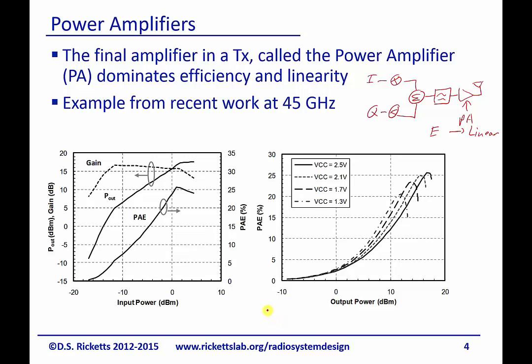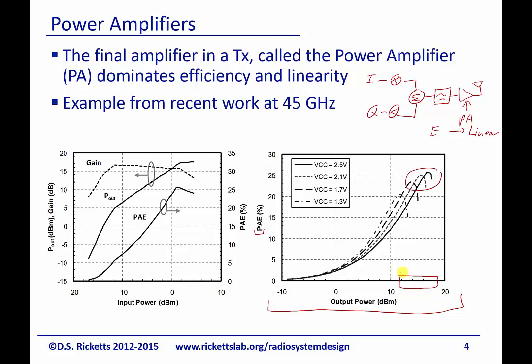Let's take a look at this example here. This plot shows output power versus power added efficiency. Power added efficiency is basically just the efficiency of the power amplifier. What we notice is that the peak efficiency happens at the highest output powers.